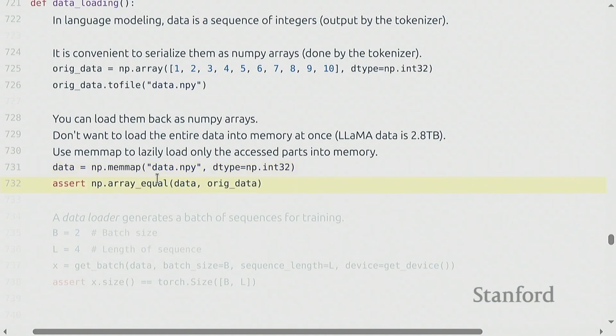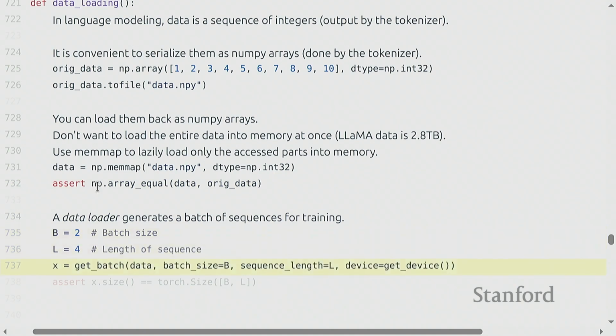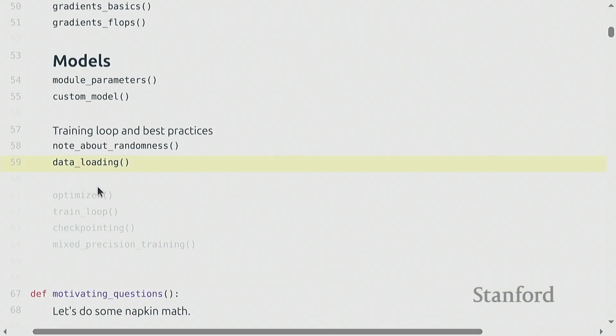So when you try to access the data, it actually loads the file on demand. And then using that, you can create a data loader that samples data from your batch. I'm going to skip over that in the interest of time.